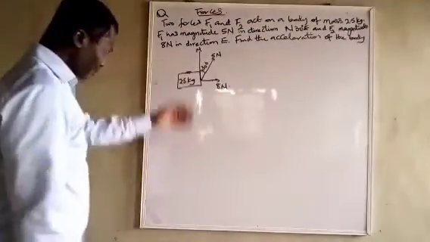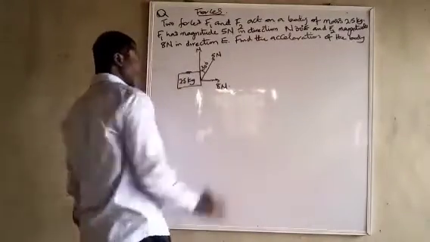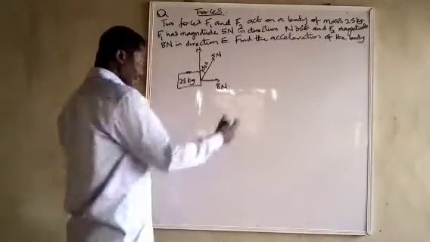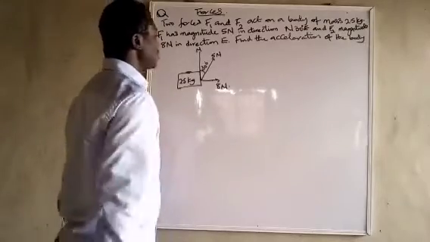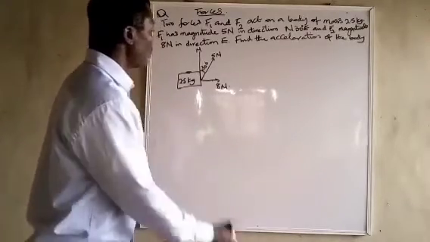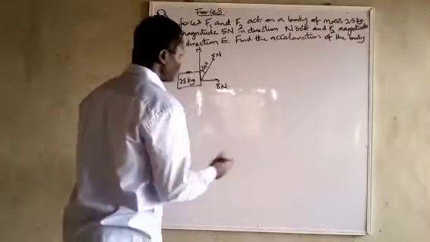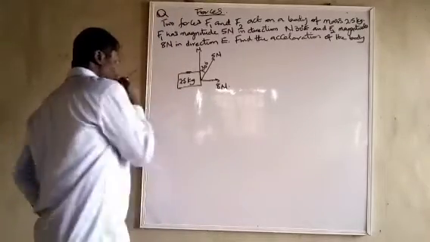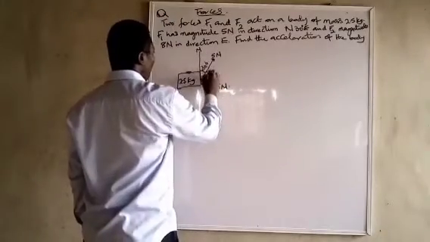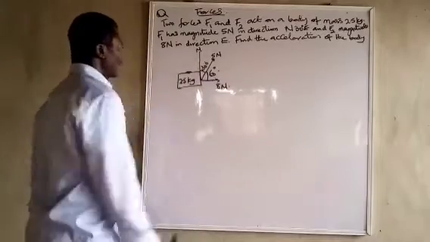The first thing to do is to find the resultant of the forces acting on the body. We can use parallelogram, triangle, resolution of vectors, or even full vector notation. Okay, let me use vector. This one is 5 Newton and this one is 60 degrees. And this is F1.